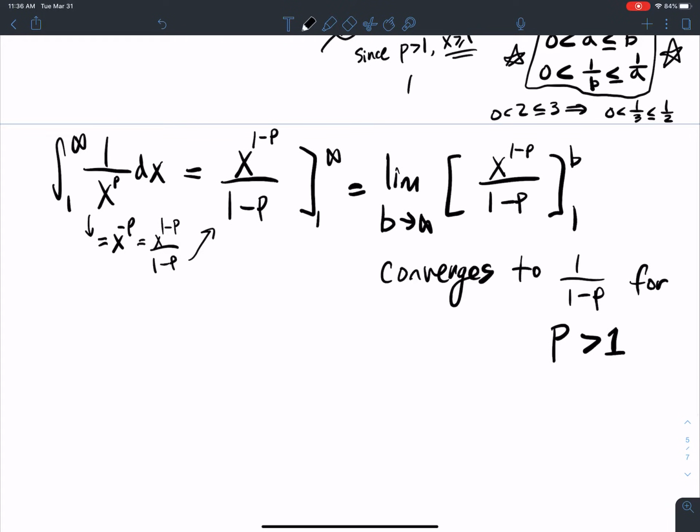For p greater than 1, all right? And it diverges for p less than or equal to 1, okay?